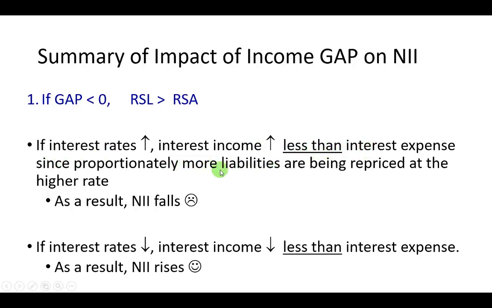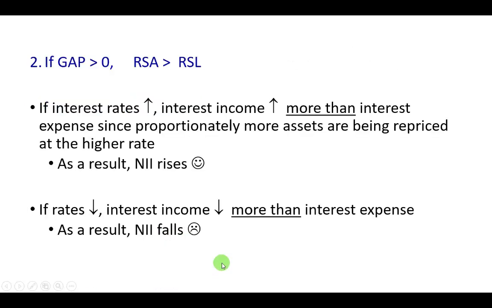Proportionately, more liabilities, which are larger, are being repriced at the higher interest rate, and this is why net interest income drops. If, on the other hand, interest rates go down, interest income is going to go down, but less than interest expense, causing net interest income to rise. So that puts a smile on our face there.